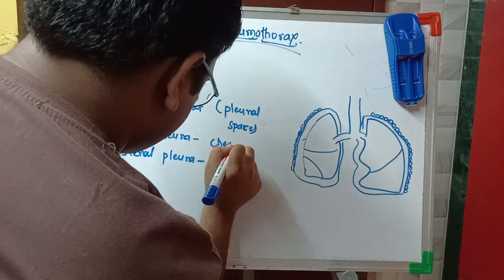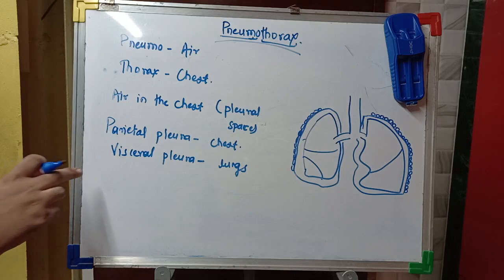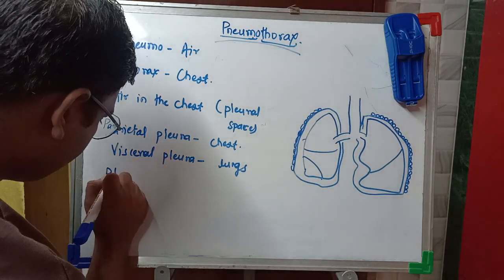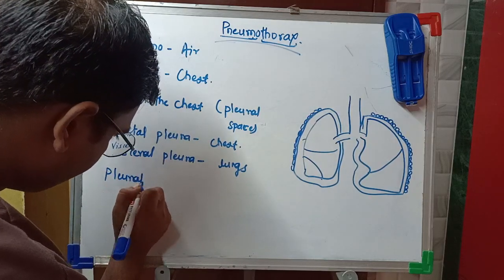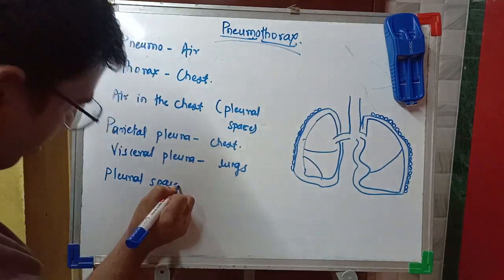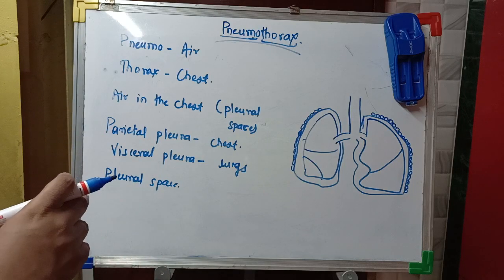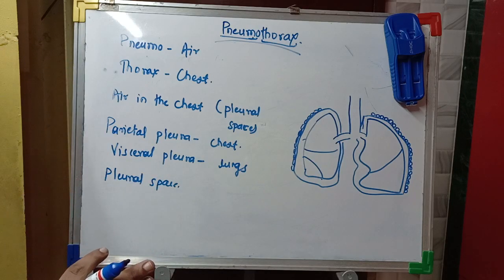This is the chest. The space between the parietal pleura and the visceral pleura is called the pleural space. Because of various conditions, there is an accumulation of air in the pleural space or the pleural cavity. So it is called pneumothorax.